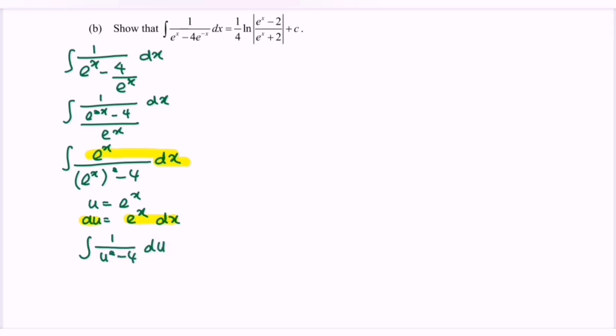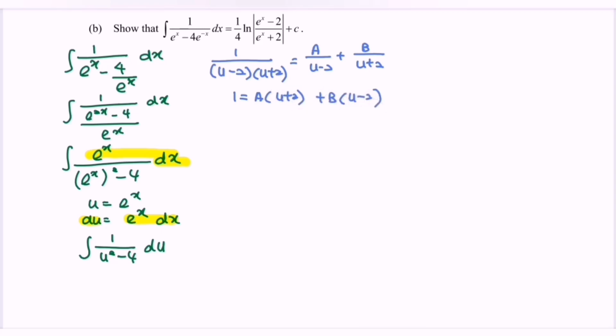My suggestion is to make use of partial fractions. As we can see in here, we have 1 over (u minus 2)(u plus 2). So we have the basic structure: a over u minus 2 plus b over u plus 2. So 1 is equal to a multiplied by (u plus 2) plus b multiplied by (u minus 2).